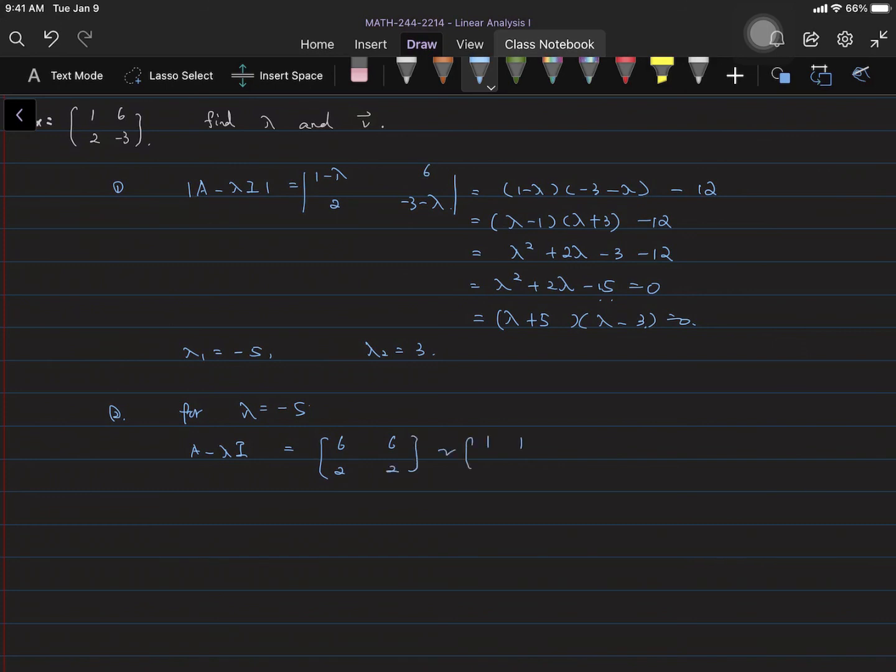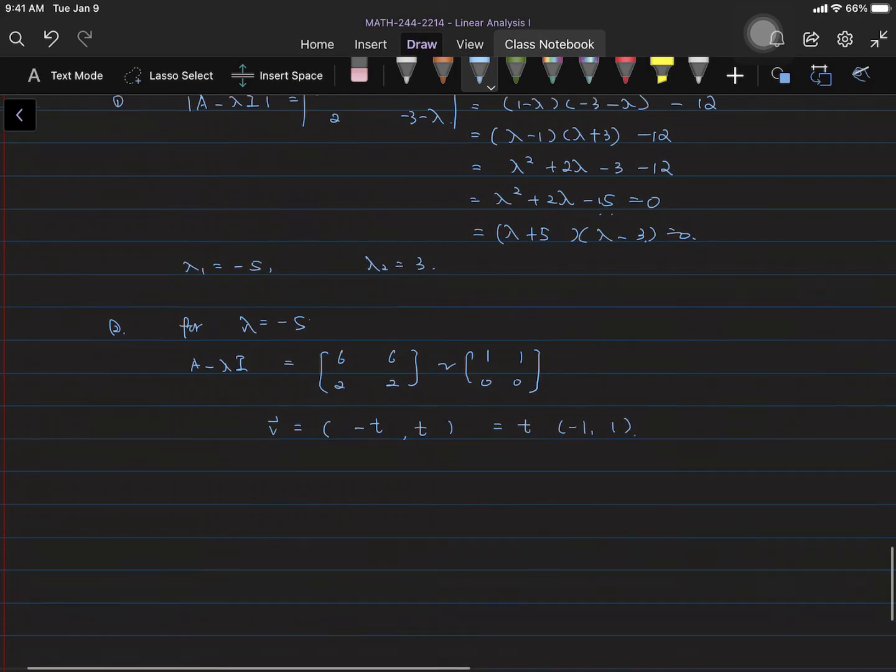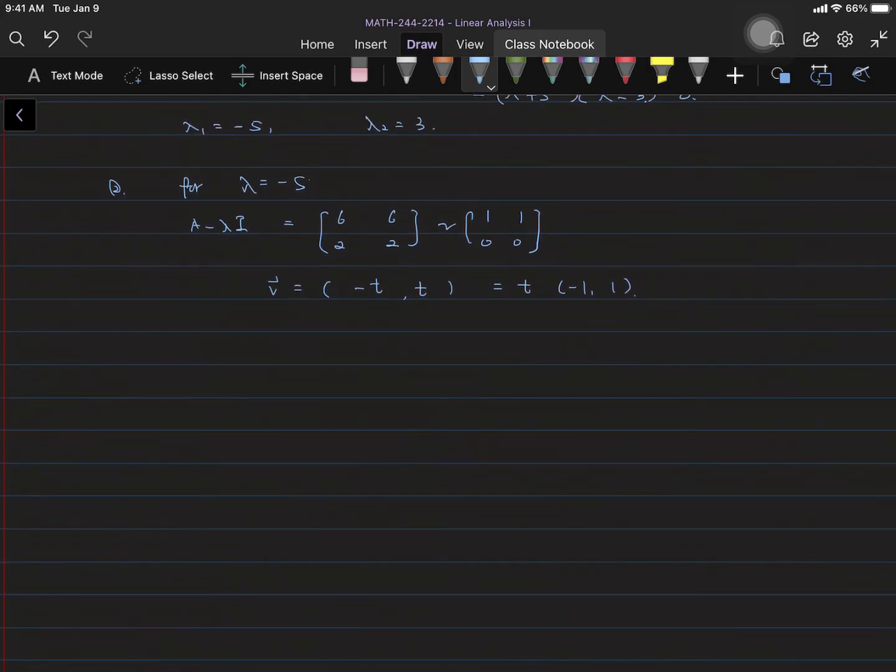Simplify, 1, 1, 0, 0. I'll write down the solution pretty quick. I have a free variable, which is the second component, t. So the first one should be -t, and you factor t out, so t times (-1, 1). That's the eigenvector corresponding to lambda equals -5.